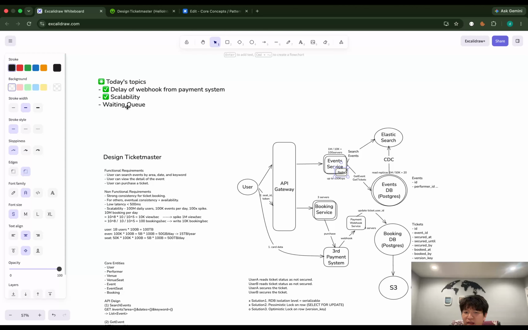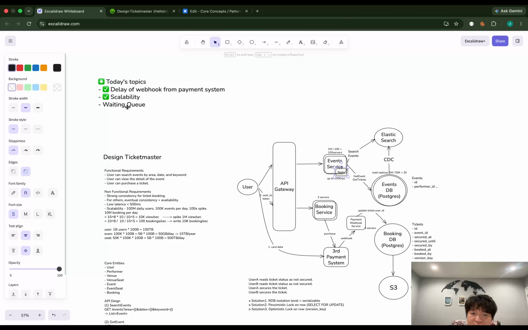So even if a user opens the web page first, because he was unlucky and misses the first seat, he fails to find it. Yeah, so this is not a good user experience.